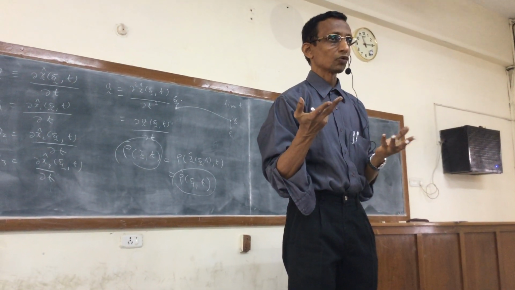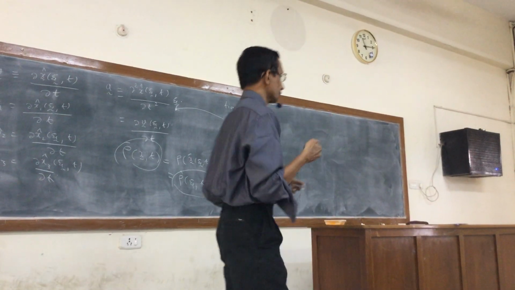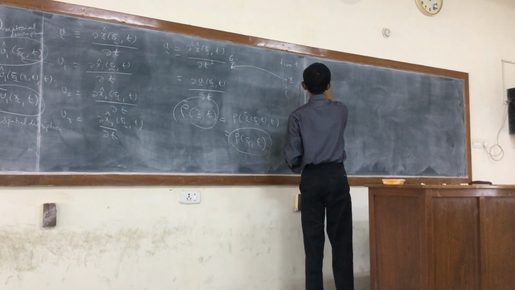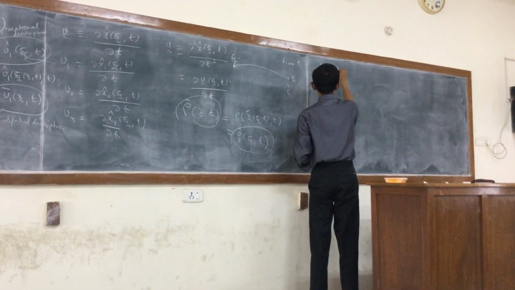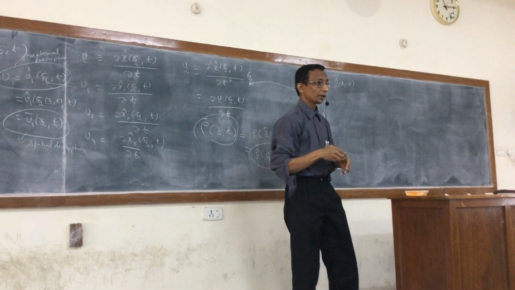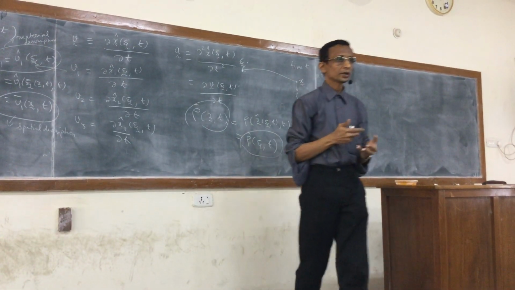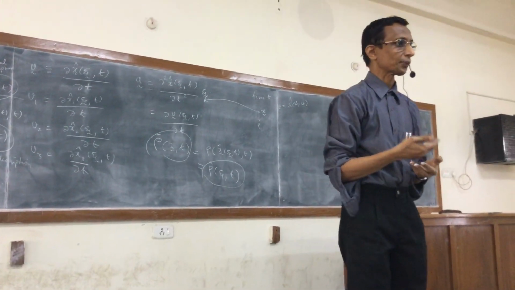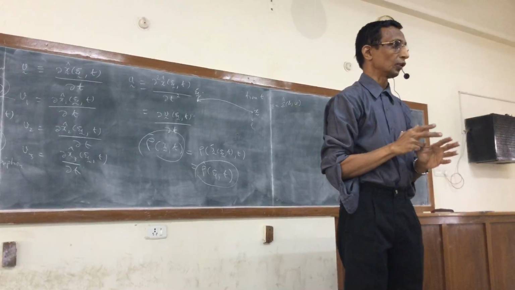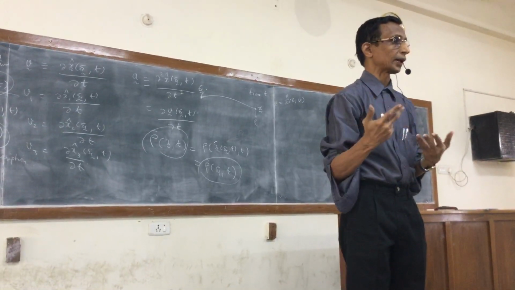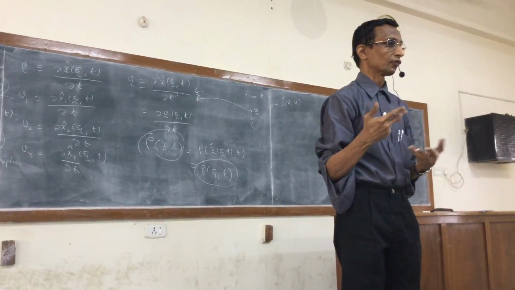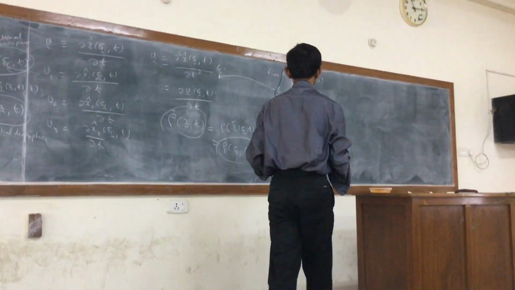Just like those of you who have seen in thermodynamics, I can, for instance, first start with the internal energy expressed as a function of entropy and volume, specific entropy and specific volume. I sort of know that the specific entropy can be expressed in terms of volume and temperature.